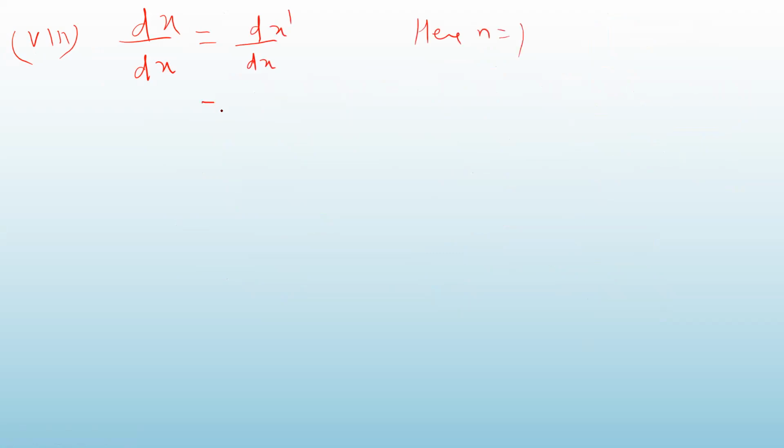So apply the formula: derivative of x to the power n is n into x to the power n minus 1. n is 1, so it will be 1 into x to the power 1 minus 1, which is 1 into x to the power 0.